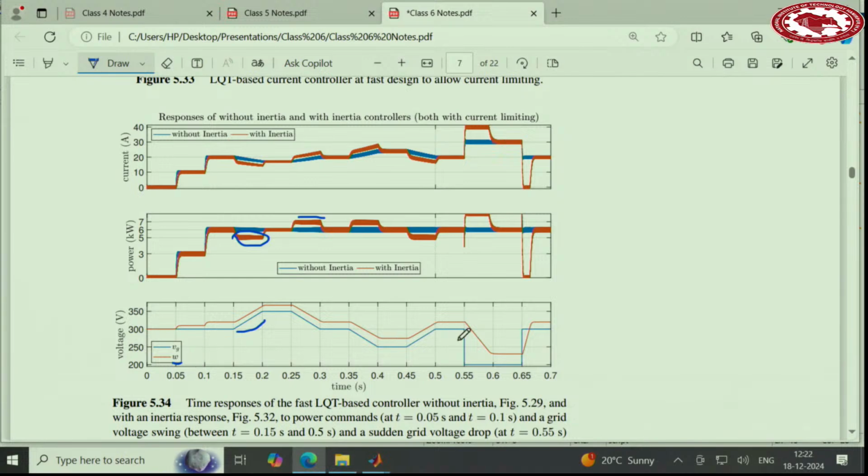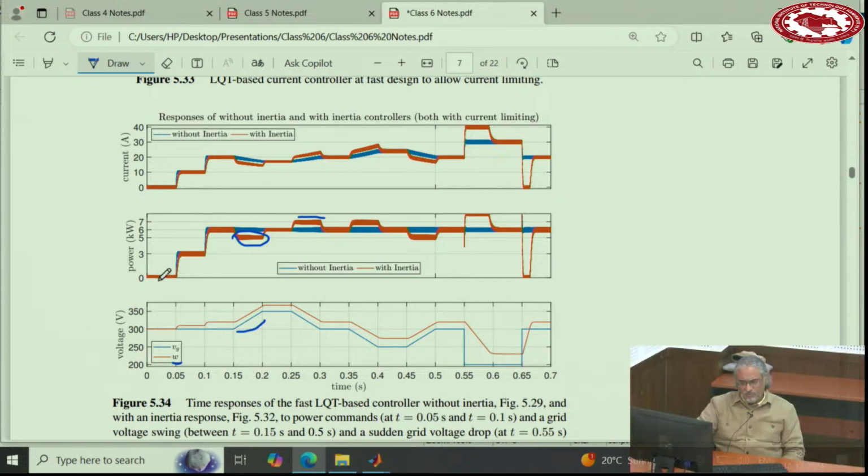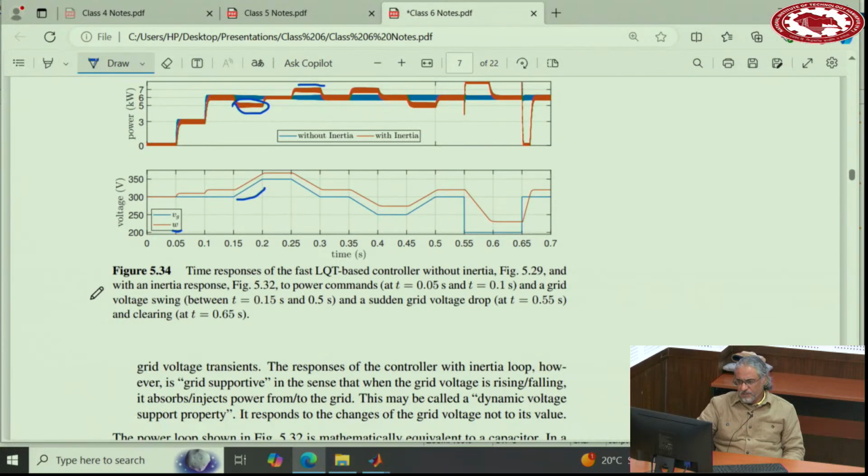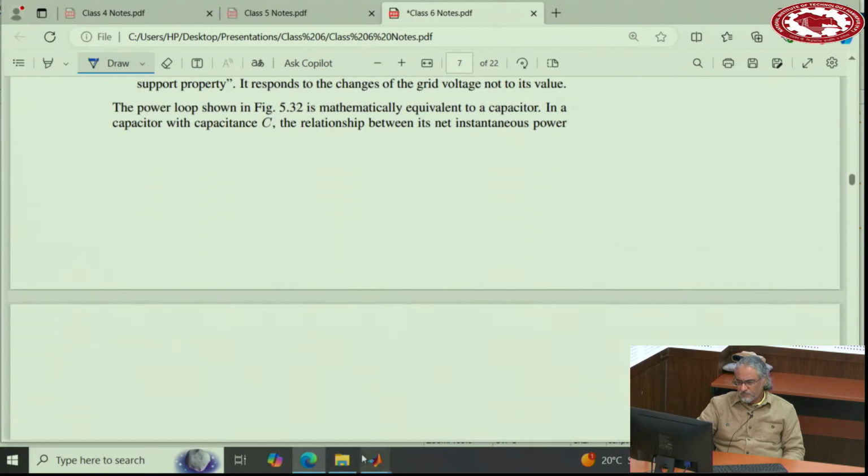And here, at this point, we have a grid fault, and the current is supposed to be limited at 40, I guess. So it's limited at 40. No problem. The previous simulation was not able to limit that, but this one really limited that.